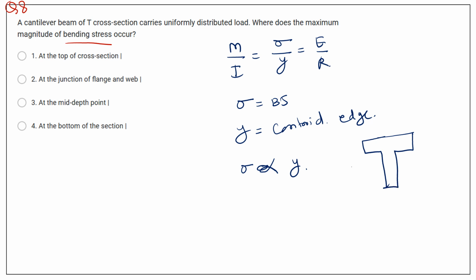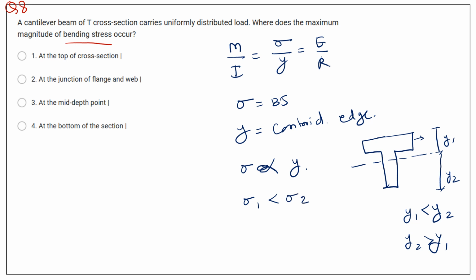So in case of a T section, the centroidal axis is near to the flange section. So here y1 is smaller than y2, which means y2 is greater than y1. If y1 is less than y2, then sigma 1 is also less than sigma 2.